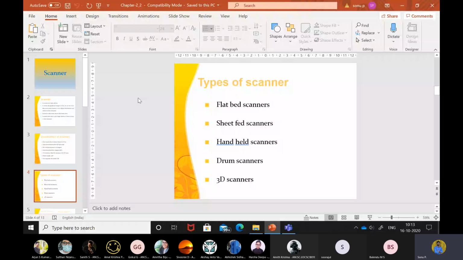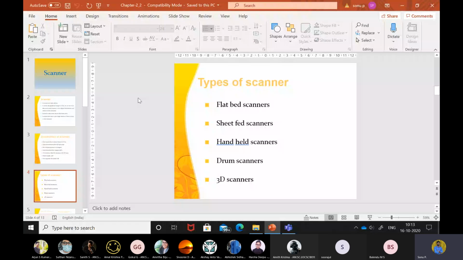These are very much used nowadays, and from the initial stage also this type of scanner has been mainly used. Then there are sheet fed scanners. This scanner is used for feeding large sized pages of information to a computer.